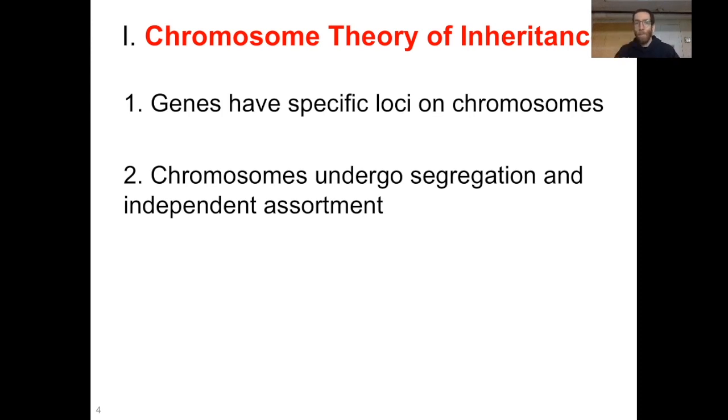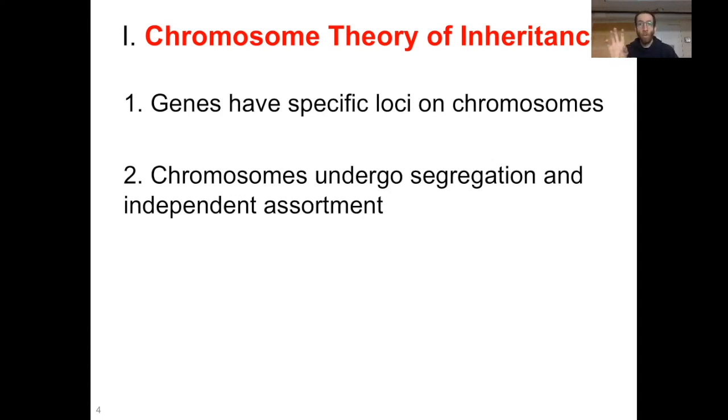There are two main components here. The first is that genes have specific loci on chromosomes. Loci is the plural of locus. It just means location on a chromosome. And chromosomes are the things that undergo segregation and independent assortment. And this is where we differ from Mendel a little bit. So Mendel said that genes, heritable factors, are the things that undergo segregation and independent assortment.